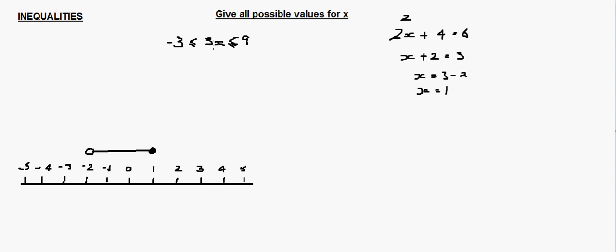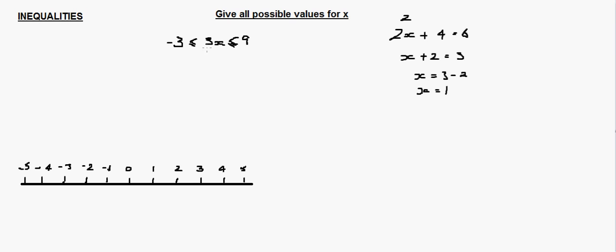Okay, so 3x is less than or equal to 9, and 3x is greater than or equal to minus 3. So we need to find out what x equals.